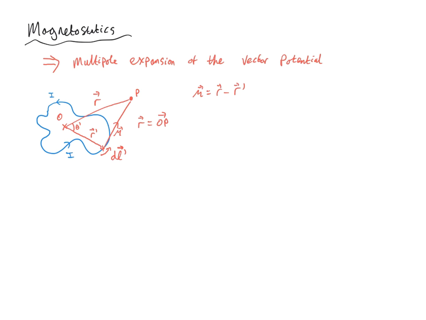So what we want to do is find out the vector potential at point P due to the contribution of the current flowing around this point dl, and then we want to sum up or integrate over the whole path to find the total vector potential at point P. So to do this, we're going to use the formula that we just derived for the vector potential.